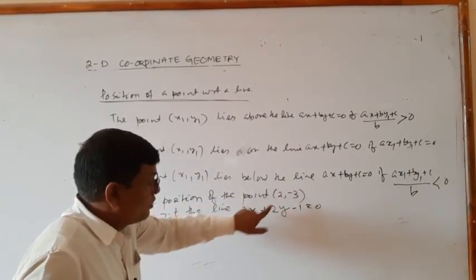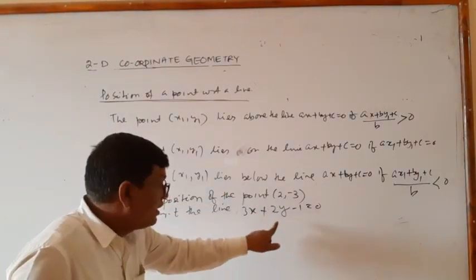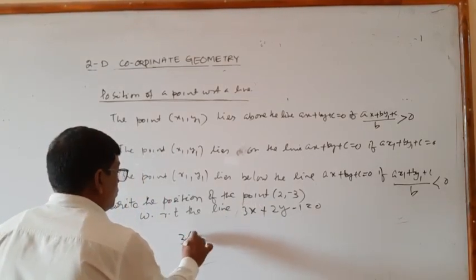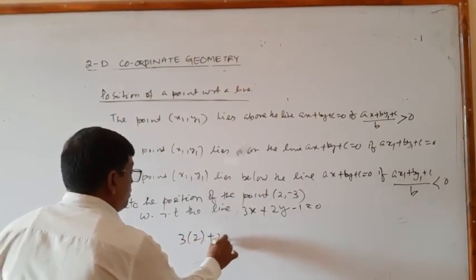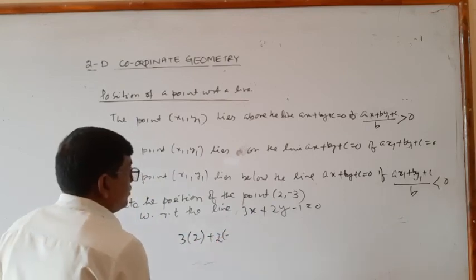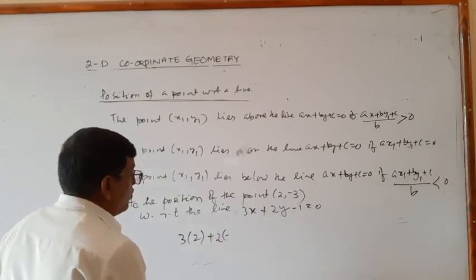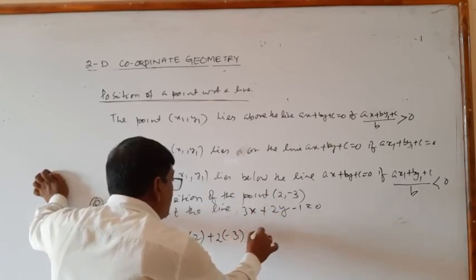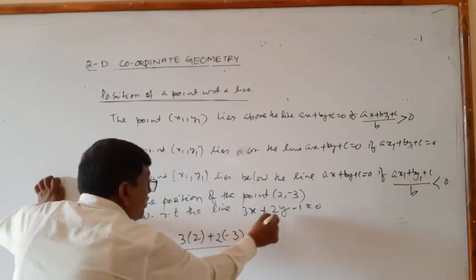First put the point and divide by the y coefficient. So 3 into 2 plus 2 into minus 3 minus 1, divided by the y coefficient.